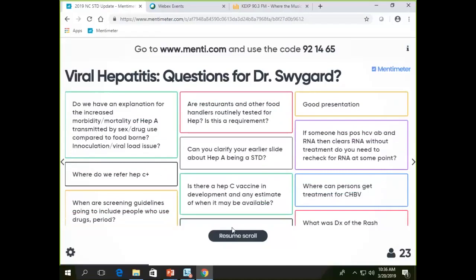No. Where do we refer for Hep C? So that's actually, I love that question. In the viral hepatitis group at the state, we have been working with Duke and with UNC to train primary care providers who are caring for under and uninsured patients through FQHCs and through health departments. We do actually have a list of who those providers are.